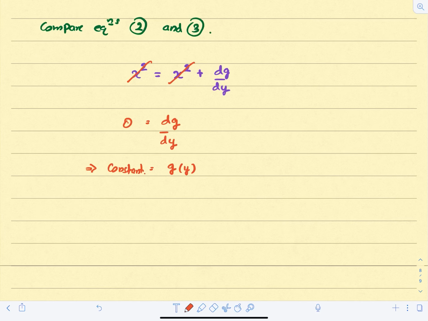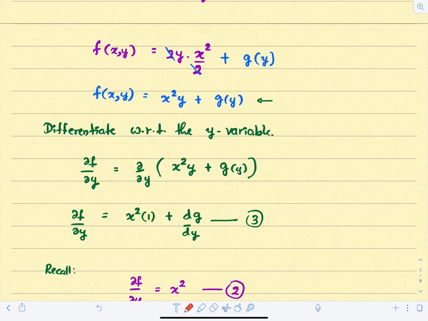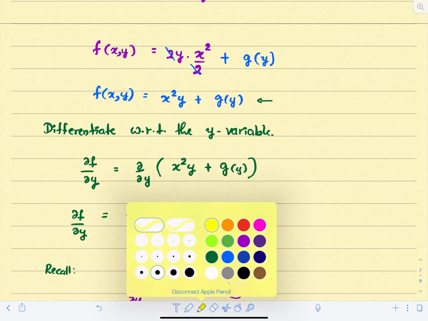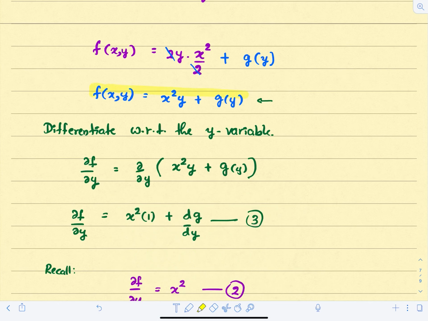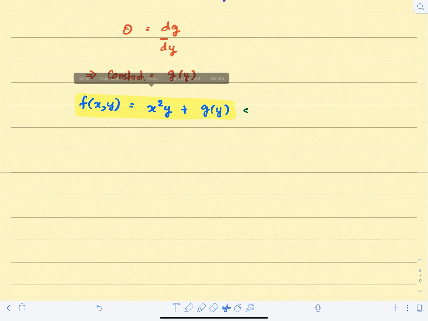So now we can update our function little f. My f should be x squared y plus some constant.